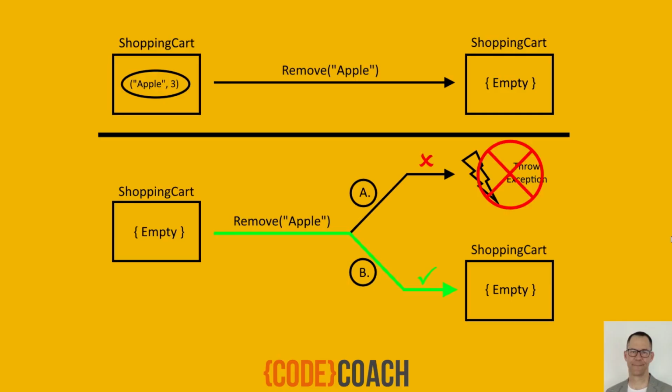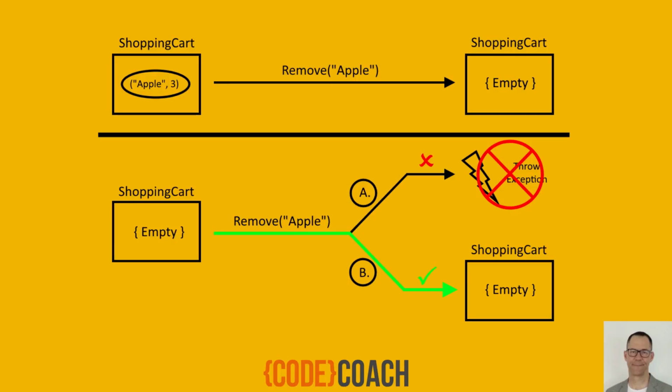This is the way to go. When there are no apples and we remove Apple, we end up with an empty shopping cart. This is no different from when we actually have apples, we remove apples, we also end up with an empty shopping cart. So whether or not we have apples, we should end up with an empty shopping cart. There is really no need to throw an exception.